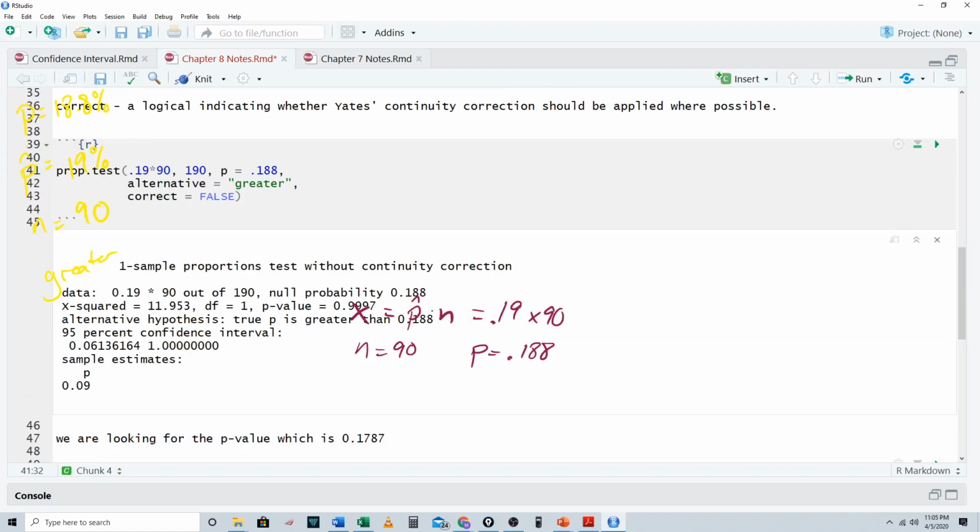All right. So this was the data. 19 out of 90. This is what we're looking for. Let's see how we did.